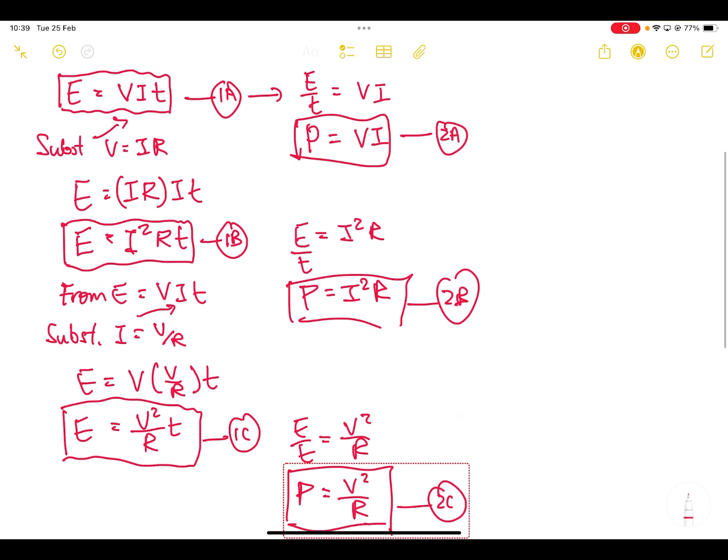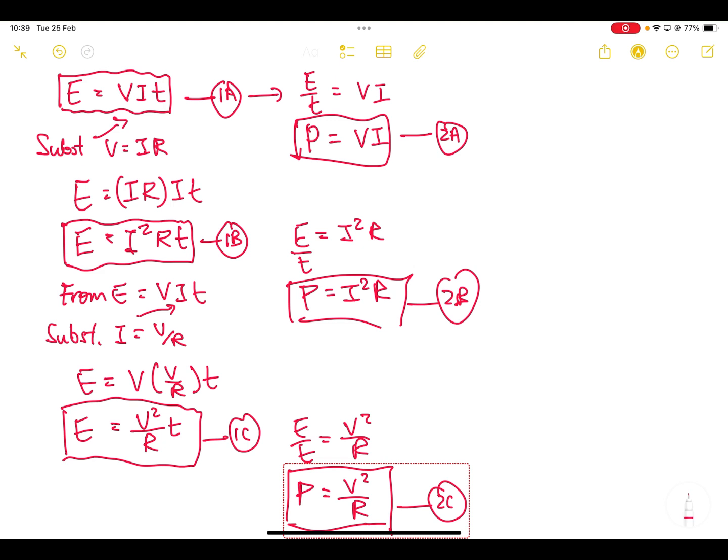The two sets of formulas are actually very closely related. E equal VIT, power equal VI. E equal to I squared RT, power equal to I squared R. Energy equal to V squared over RT, power equal to V squared over R. Basically, the second set is just without the T, without the time, because energy over time is power.